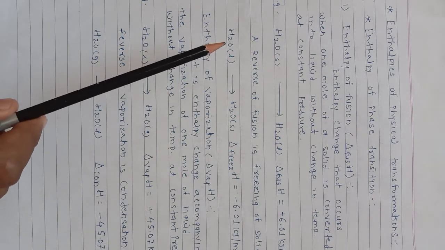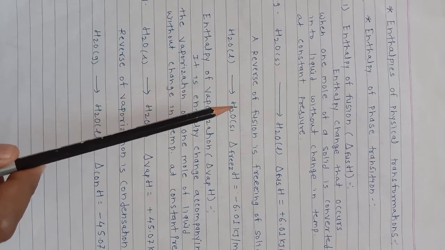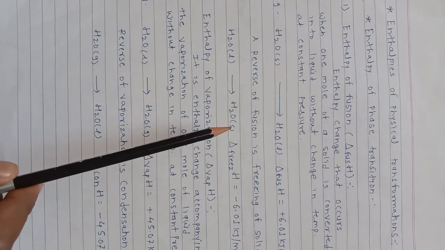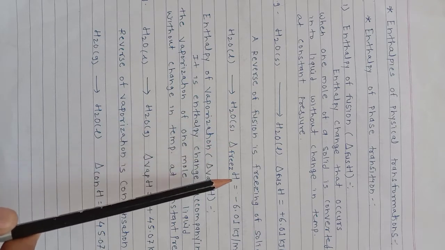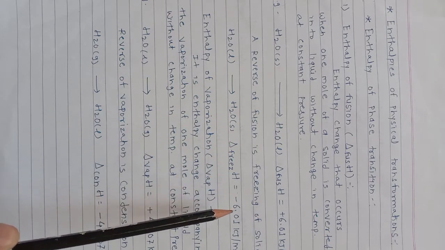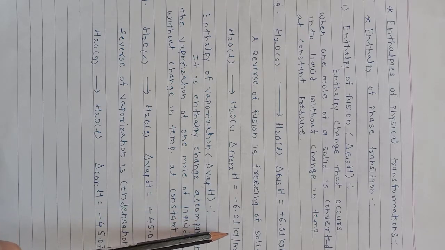That means H2O liquid is converted into H2O solid, the formation of ice. Therefore, delta freeze H is equal to minus 6.01 kilojoule, the reverse of fusion.